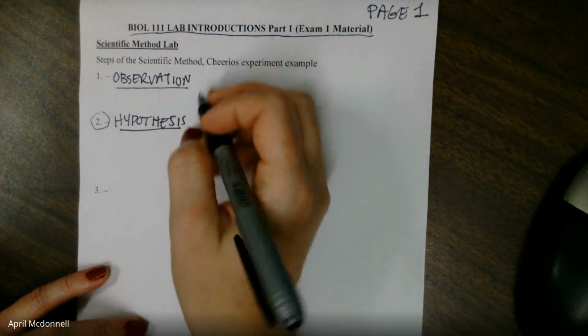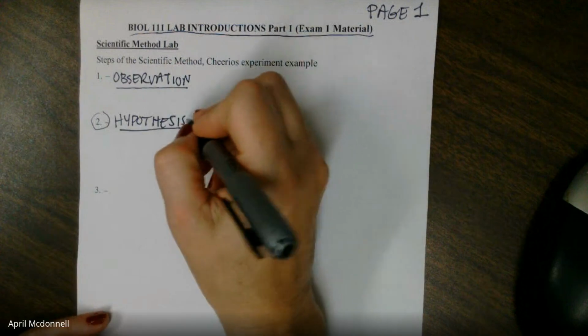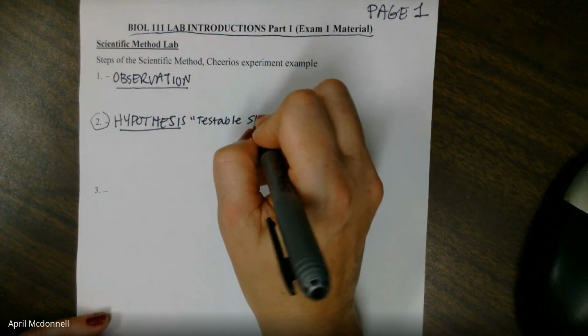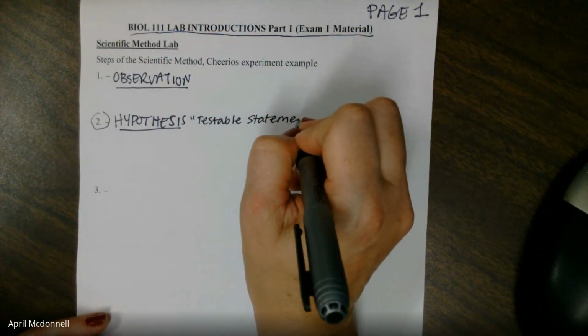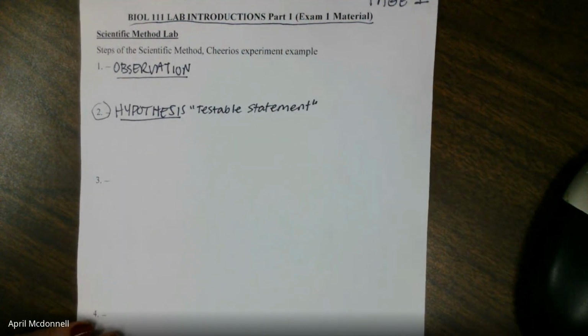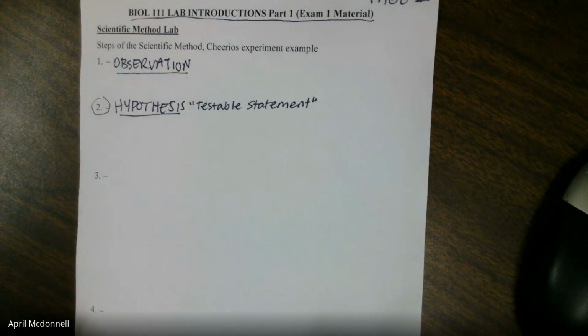A hypothesis has been known to be called an educated guess, but I like to call a hypothesis a testable statement, a statement that we can test. I'm going to come up with a couple of hypotheses for our Cheerios experiment, and in lab, you are going to come up with some hypotheses for different experiments.